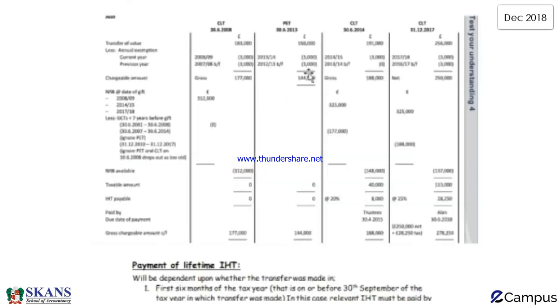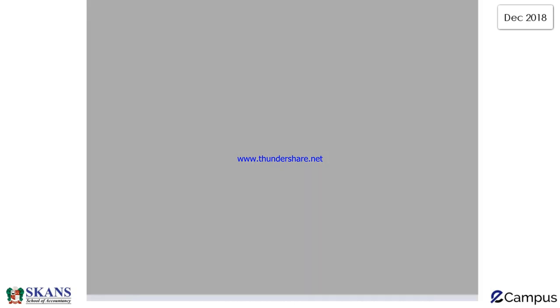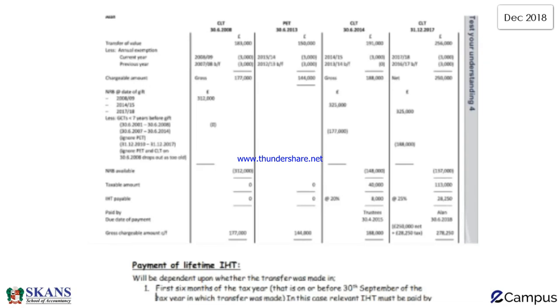Well, the first transfer which he made, as I already did the calculations for you, was 183,000. We deducted two annual exemptions out of it, that is 3,000 and 3,000, and we have a chargeable amount which is gross, so I used to refer to it as GCA.